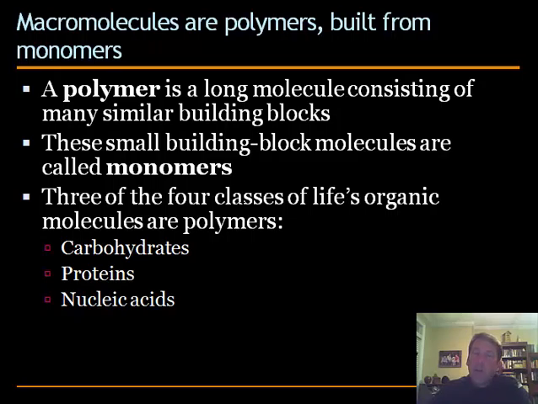So of these four major classes of important life molecules, three of them are polymers: carbohydrates, proteins, and nucleic acids. There's one other group of these large macromolecules that are important, and they're referred to as lipids, but lipids are not polymers.